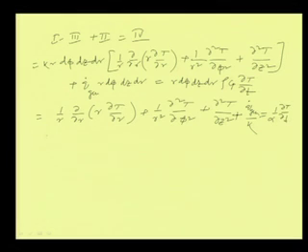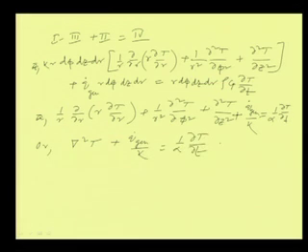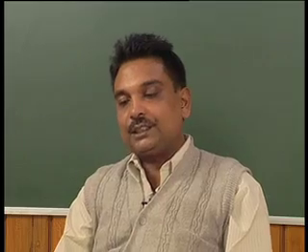So, here also we can write that grad square T plus, as we have done in previous cases, q gen by k is equal to 1 by alpha ∂T/∂t. Here also it is the same, a similar form in the cylindrical coordinate system.